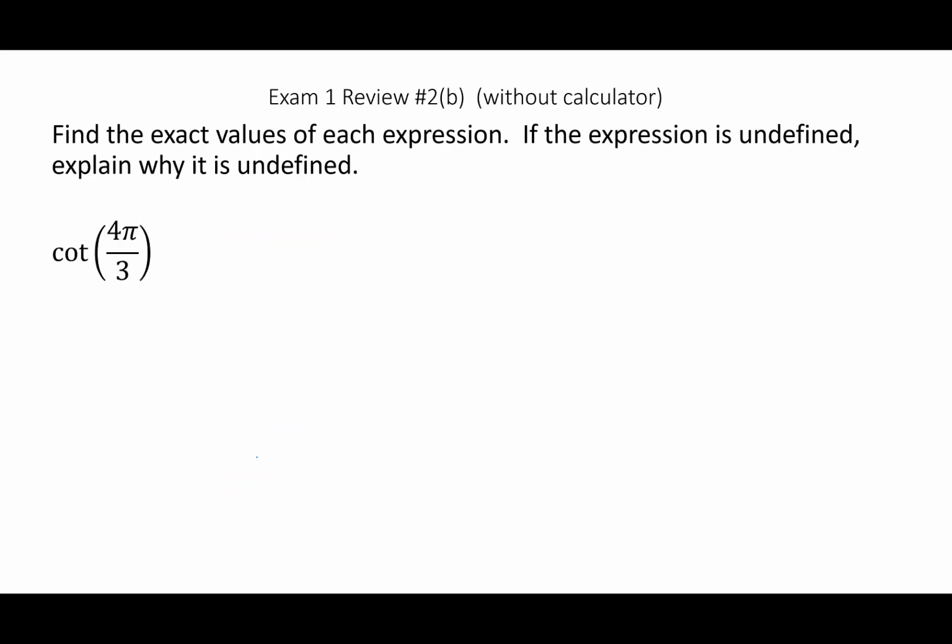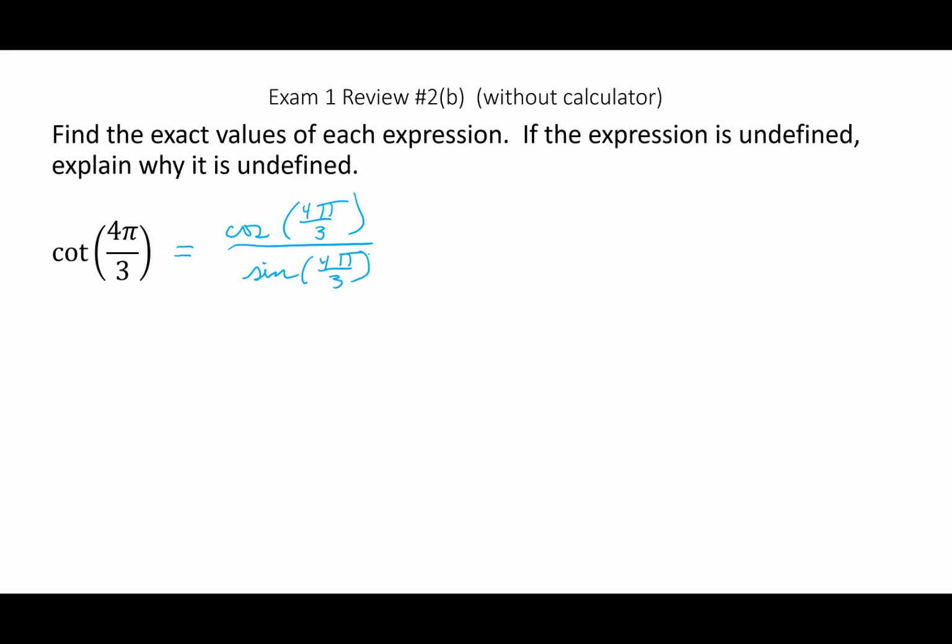Okay, and now we move on to the cotangent of 4 pi over 3. For the cotangent or the tangent, I would write this in terms of sines and cosines. The cotangent of 4 pi over 3 then would be the cosine of 4 pi over 3 divided by the sine of 4 pi over 3.